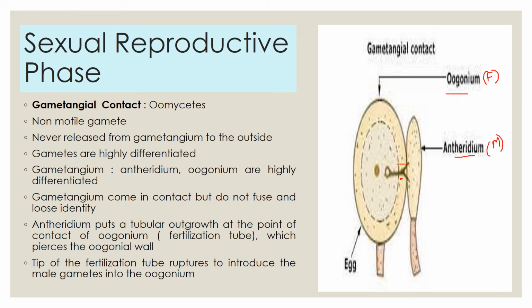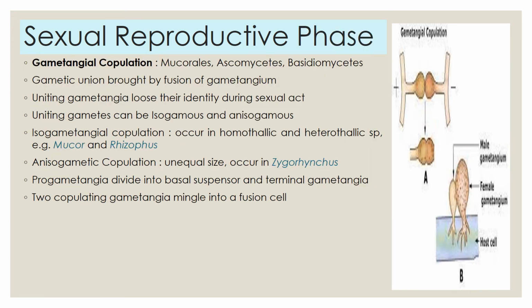This is the tubular structure, and the tip of the tubular structure that enters the female gametangium dissolves. And after dissolving of this tip, the male gamete enters the female gametangium and the two fuse. So this type of gametangial contact, where a fertilization tube is present, is mostly found in the oomycetes.